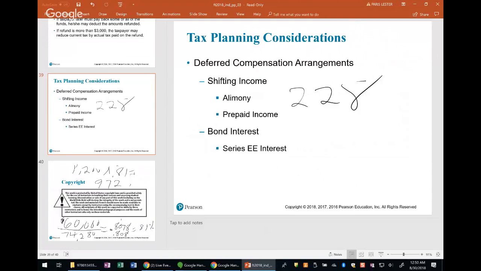Okay. IRA distribution, what line? It does have a line, don't it? 15A. Now, what does 15A say, Clayton? Well, it says distribution, but on the column it says deduction. Yeah, IRAs. All right.